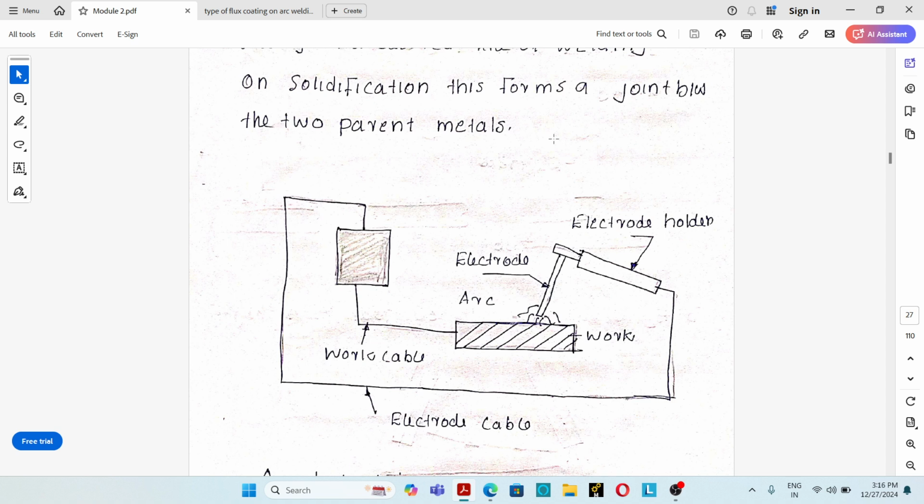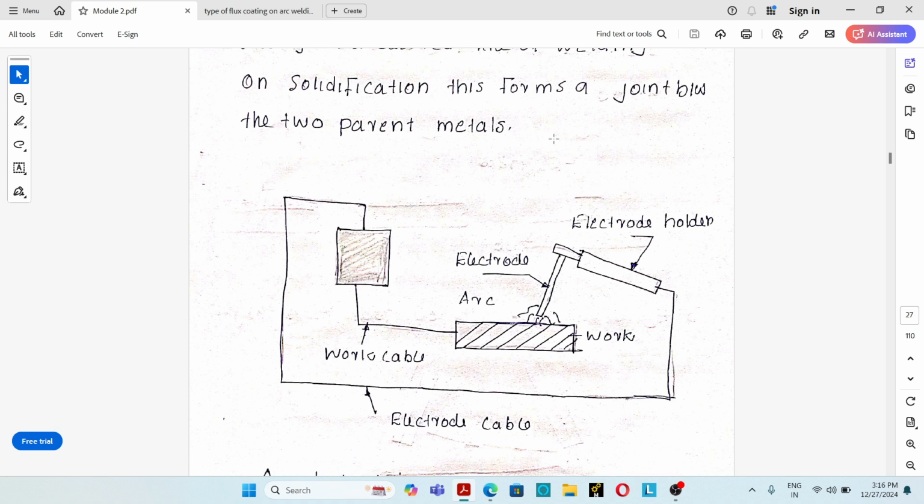First, straight polarity. In straight polarity, the electrode is connected to the negative terminal and the workpiece is connected to the positive terminal.